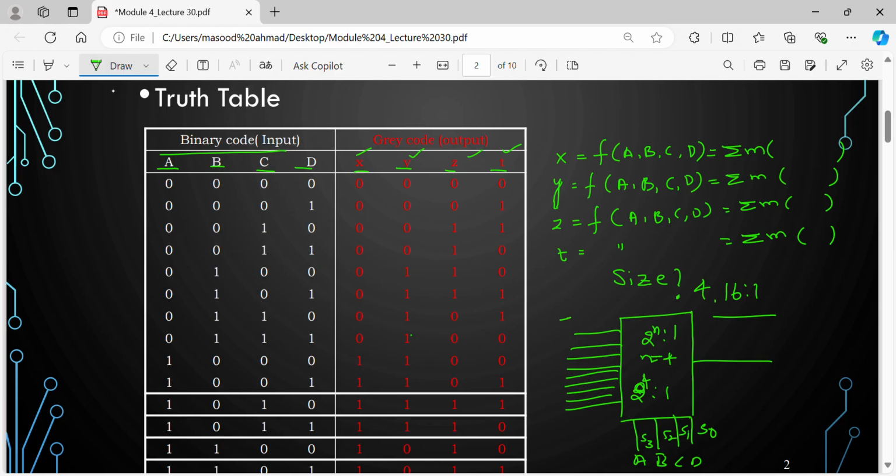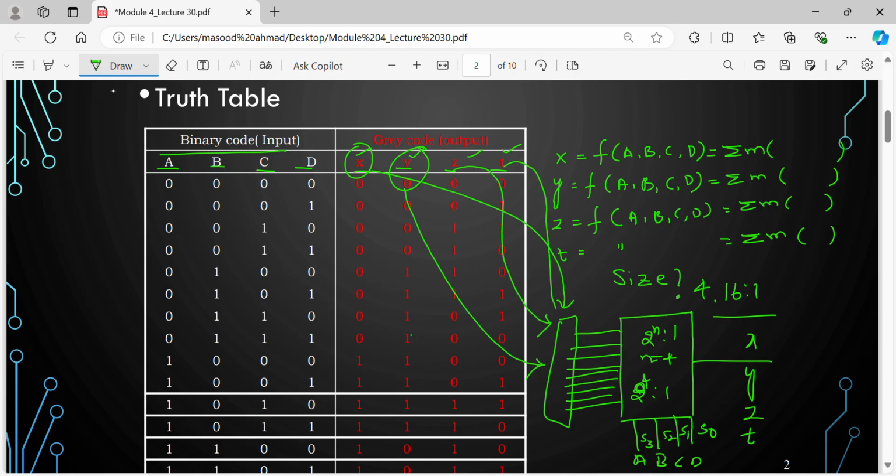What is it that we are going to apply at the input? If I want X as output, I will apply X as input. If I want Y as output, I will apply Y as input. If I want Z as output, I will apply Z as input. If I want T as output, I will apply T as input.